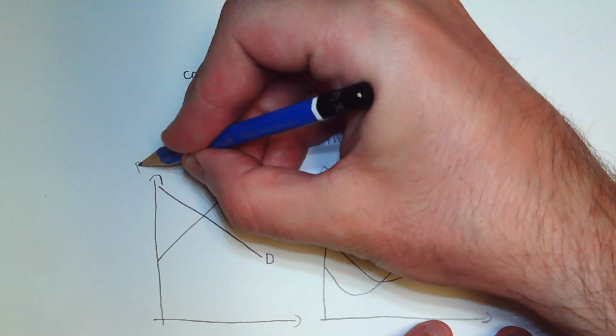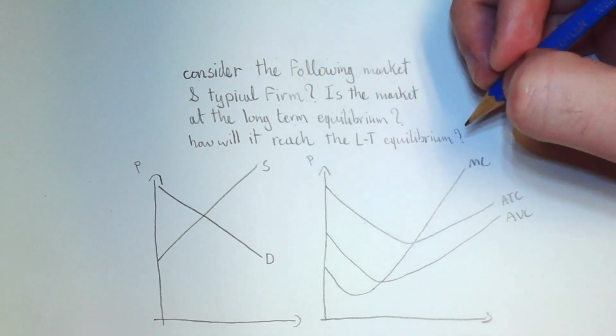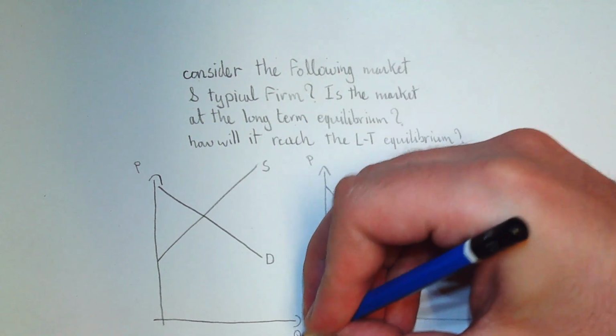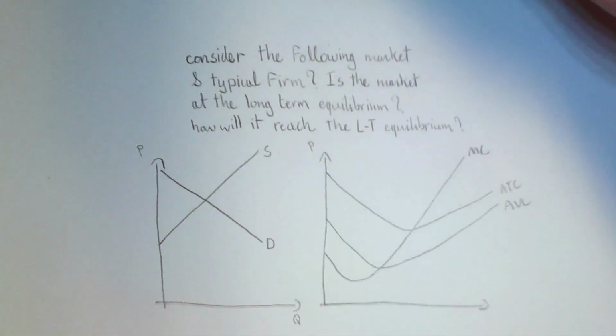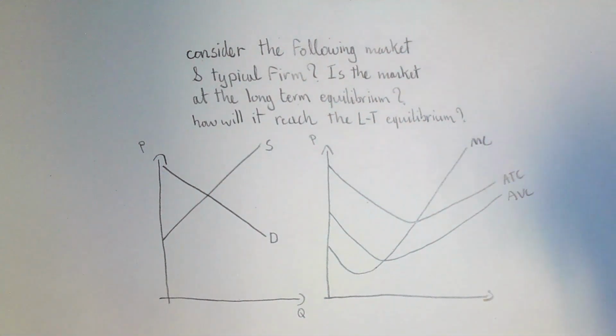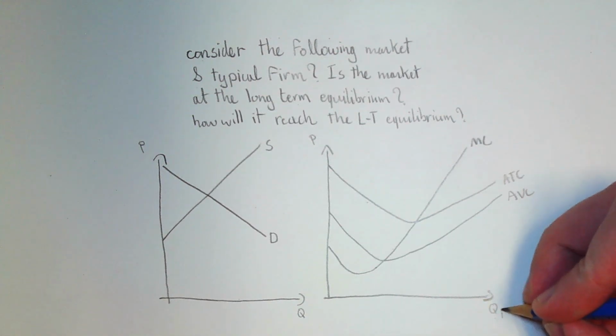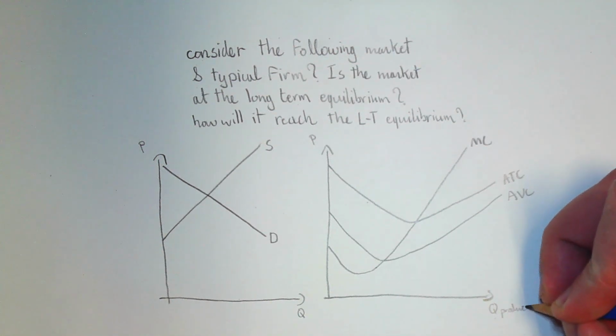The price is on both these axes. This is the total quantity traded or produced on this market, and this is the quantity produced by the typical firm.